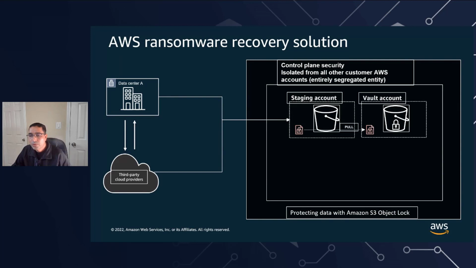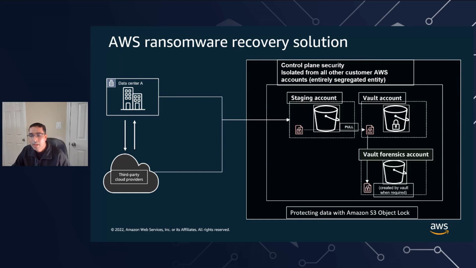We are going to see 4 different AWS accounts here. So there is a staging account where all the data that is protected, all the copies initially land. From this, using the S3 object lock feature, we create a vault account with a golden immutable copy of the data. The vault account pulls the latest data copies periodically, and it's completely isolated and no users can push data into it.